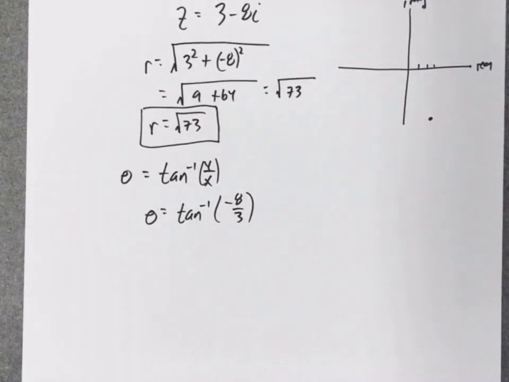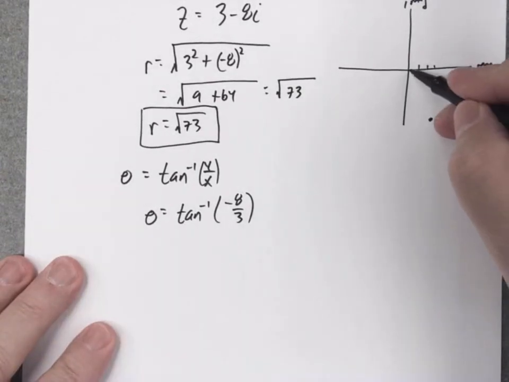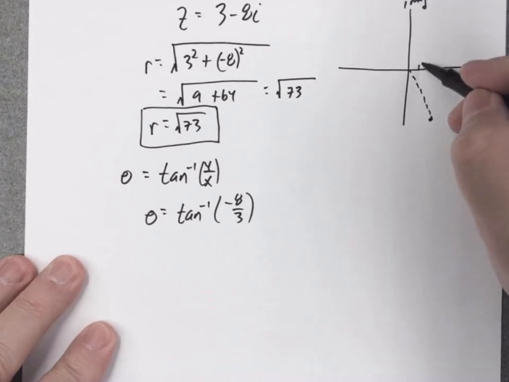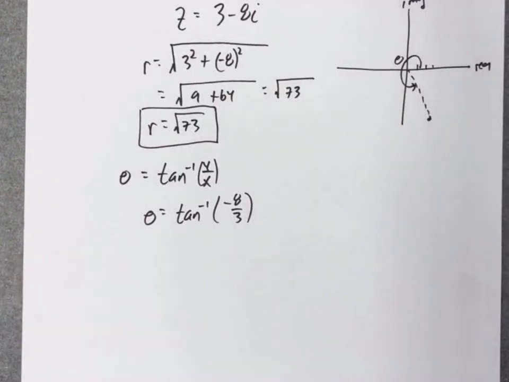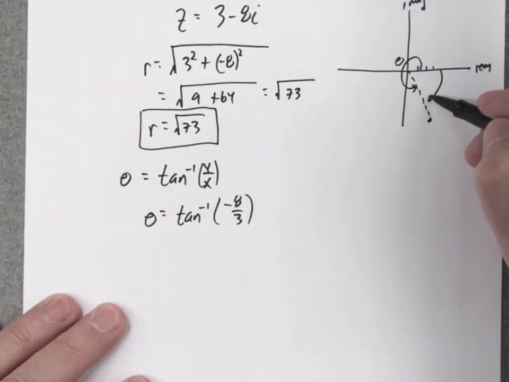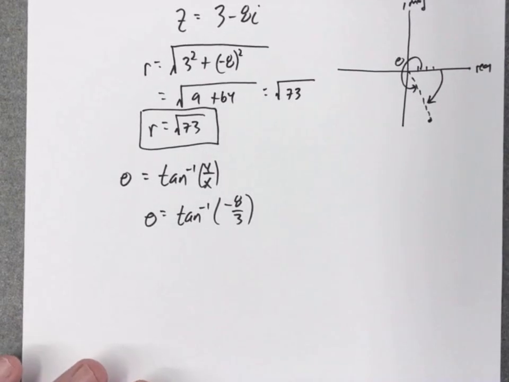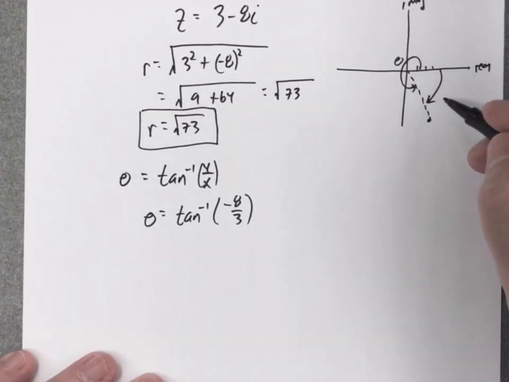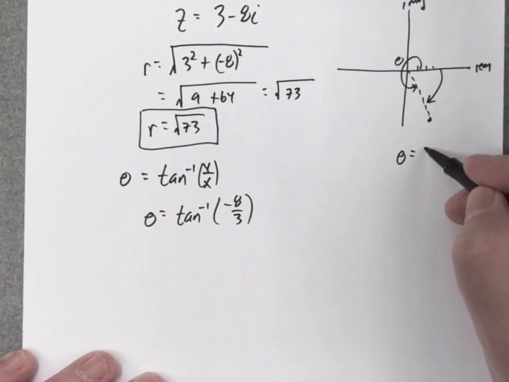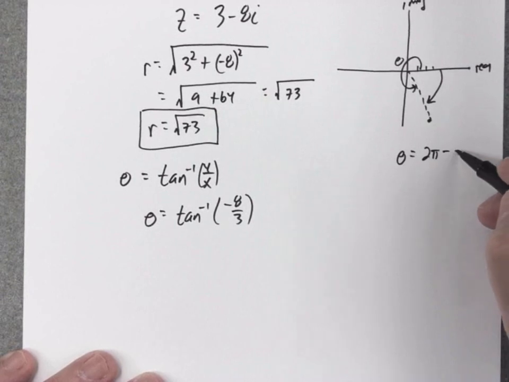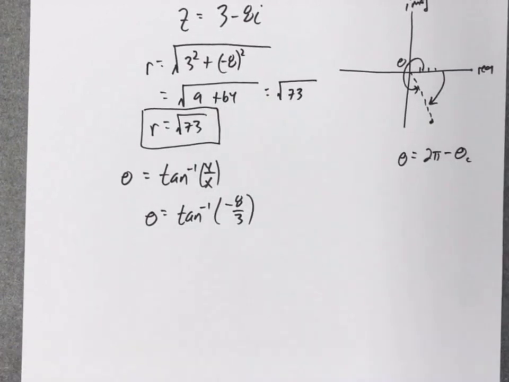Now, when I go grab my calculator, what I'm wanting as my answer is this angle. But because of the way inverse tangents are defined, my calculator is going to give me this number. So to get my actual answer, I'm going to have to take 2 pi minus the angle my calculator gives me.